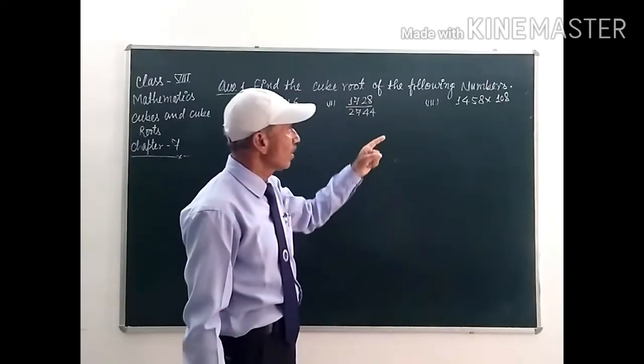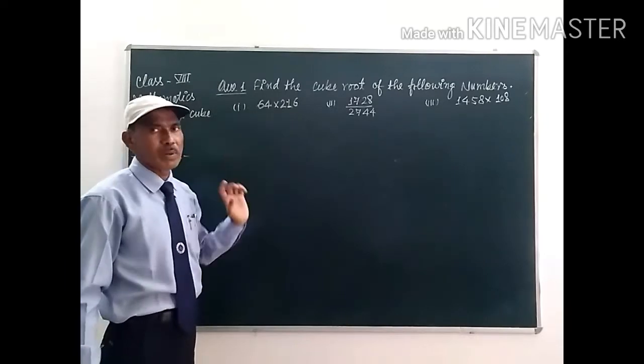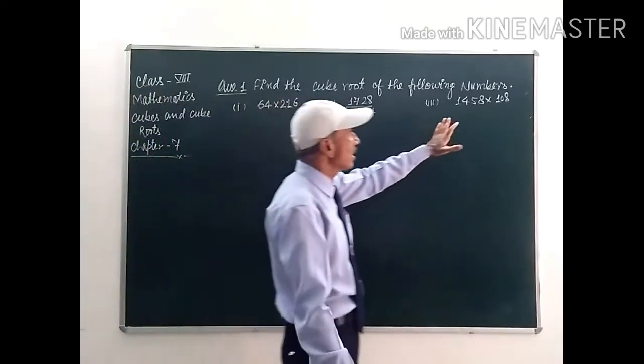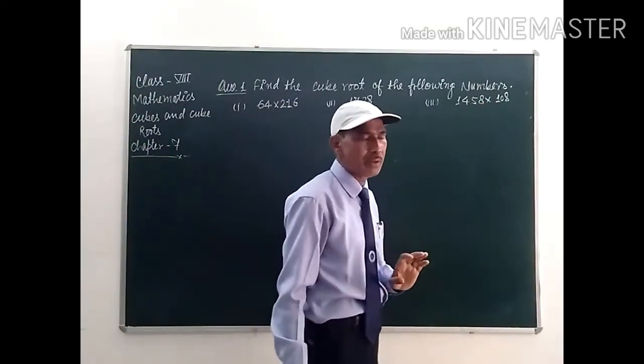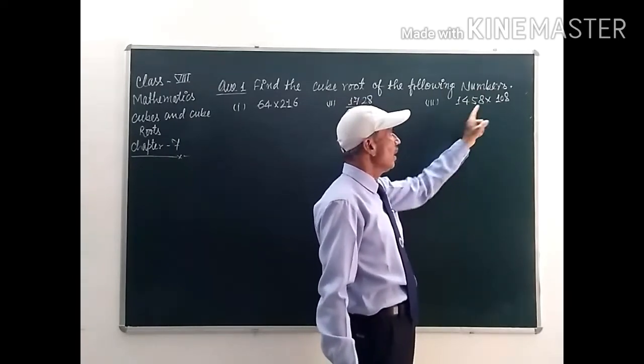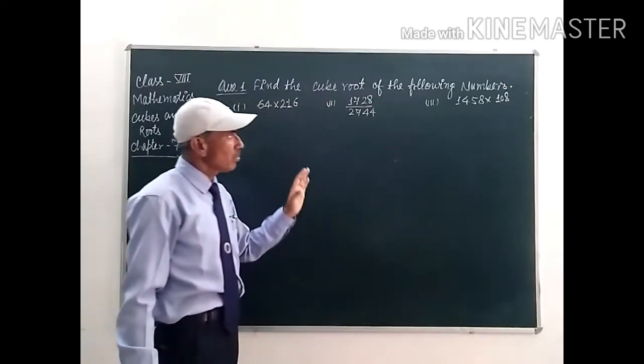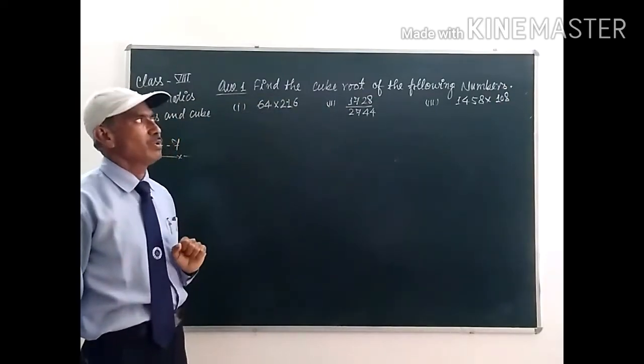Okay students, before this these numbers were perfect cubes. But this number is not a perfect cube. 1458 is not a perfect cube and 108 is also not a perfect cube. So we have to find the cube root of this number.